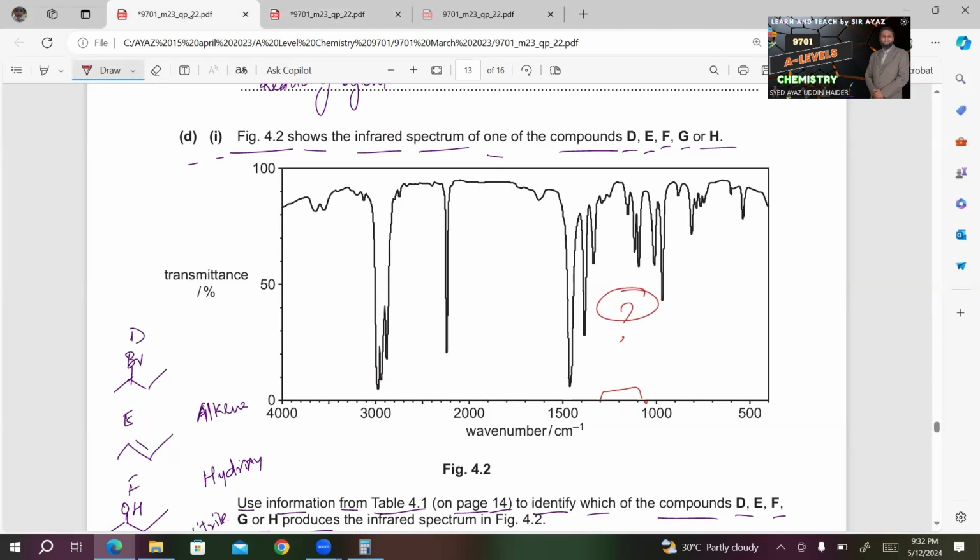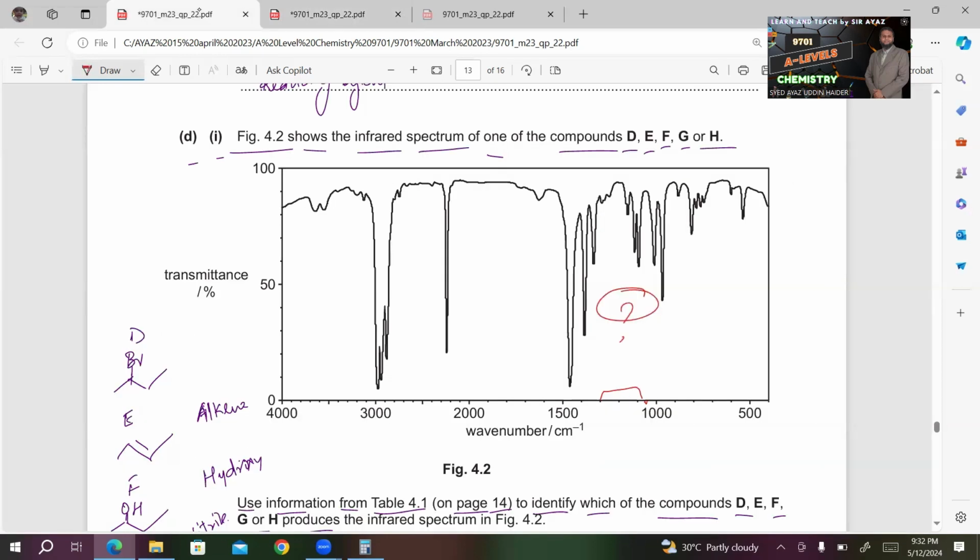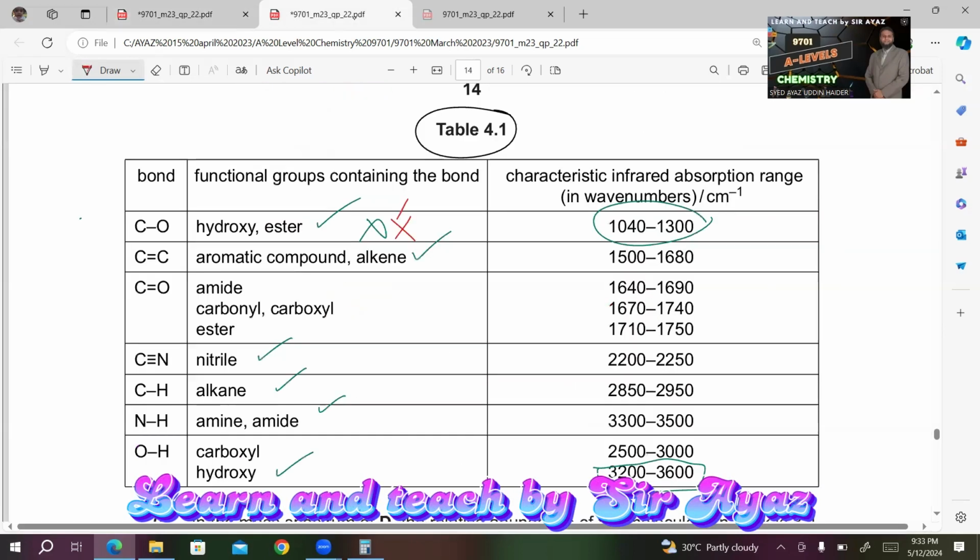What about the next one? Hydroxy, 3200 till 3600. We don't see any absorption there, so it's also excluded.